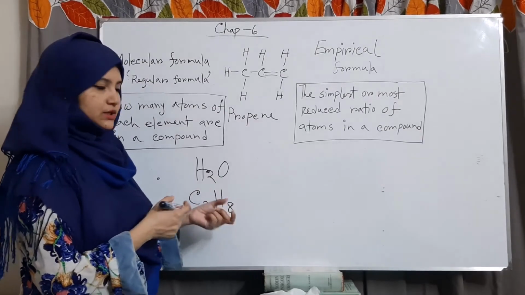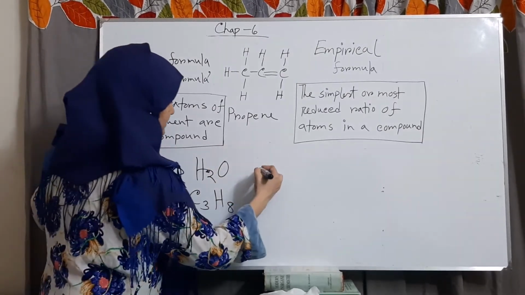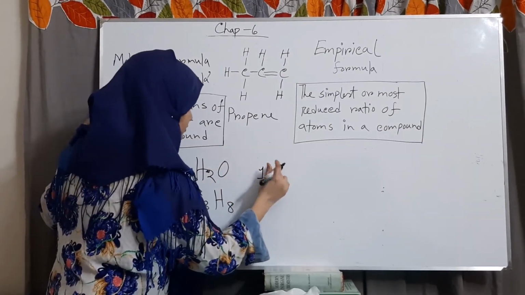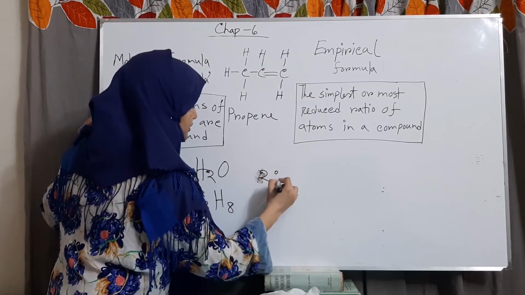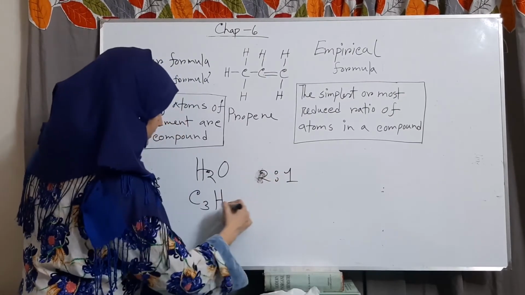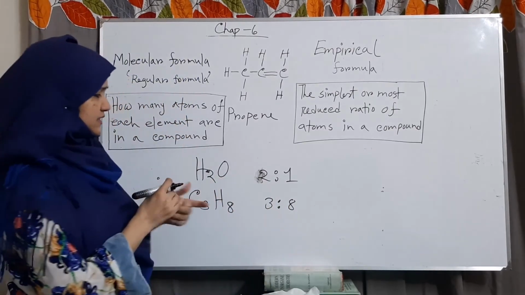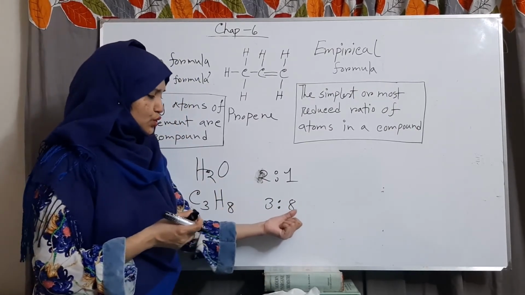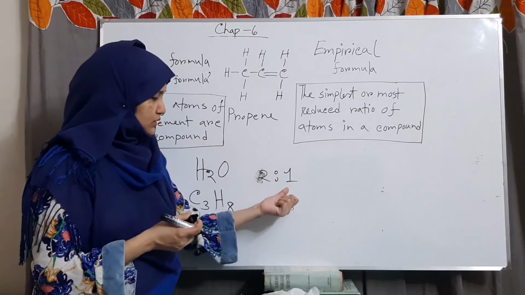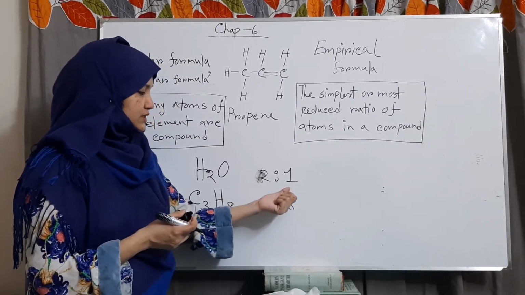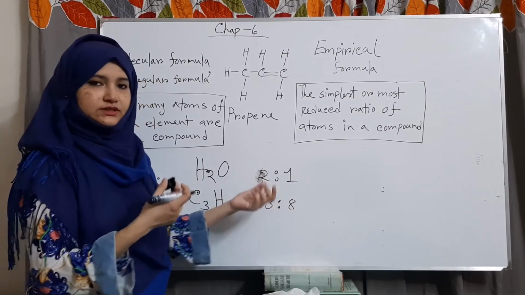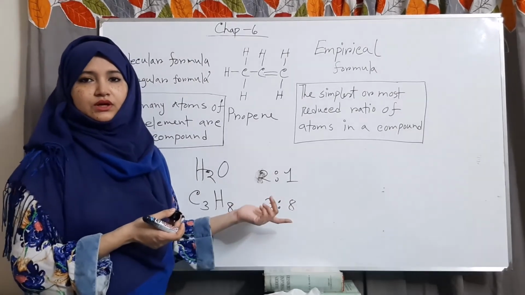For water, the ratio is 2:1, and for C3H8 the carbon hydrogen ratio is 3:8, and there is no whole number by which we can divide both and get whole numbers.